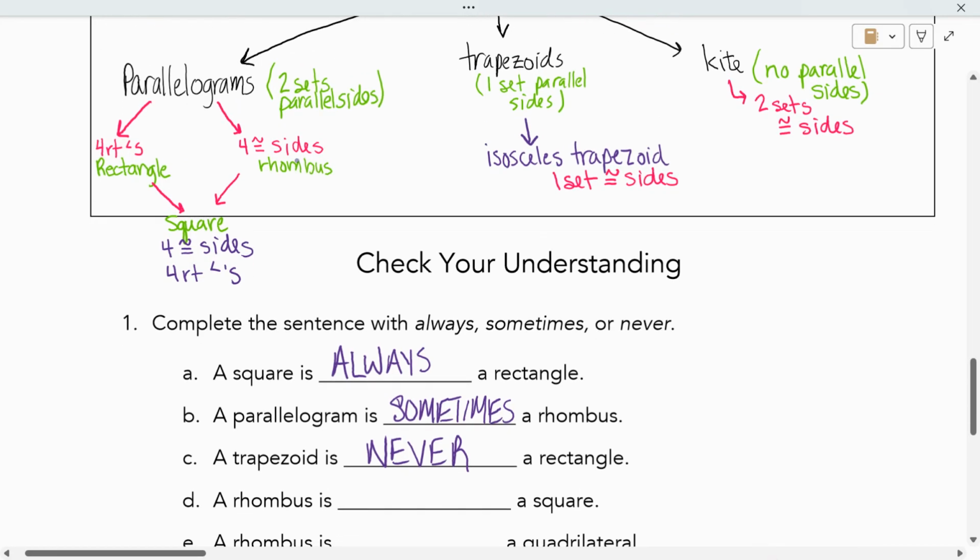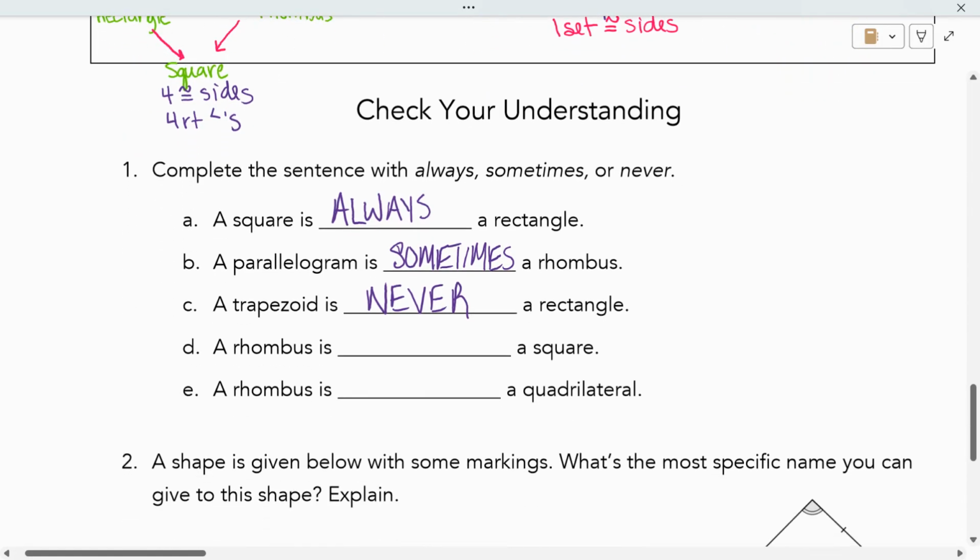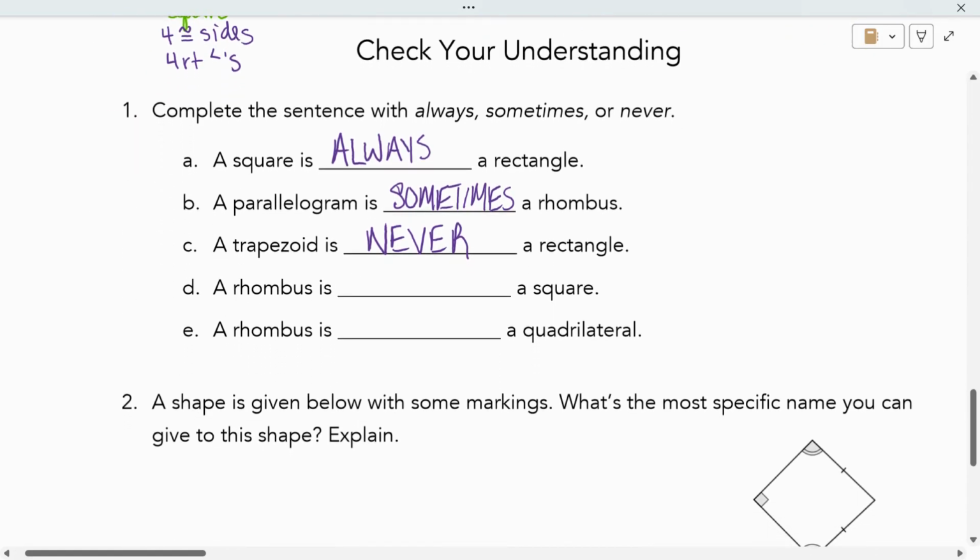What makes a rhombus? Has 4 congruent sides. What makes a square? Has to have 4 right angles. Does a rhombus have to have 4 right angles? No. Could it have 4 right angles? Yes, but it doesn't have to. So is this sometimes? Algunas veces.